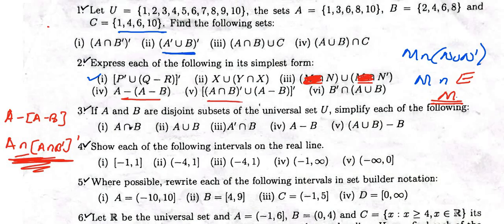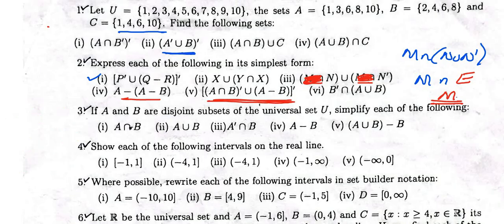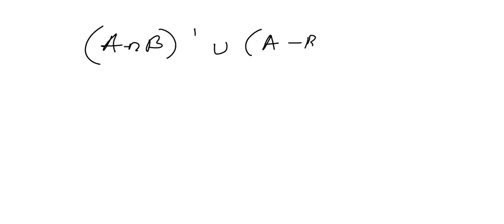Then this one here, when we try to simplify it, that's going to be the same. Just change the minus, it becomes A intersection B complement, then introduce the whole complement which is outside. So this is going to be A intersection B, then intersection A, then intersection this guy, because you have A intersection B, there's a complement outside, union A minus B, then there's a complement outside.